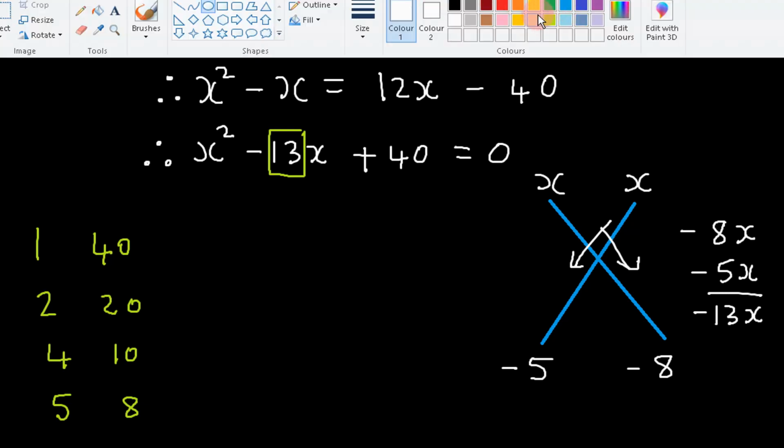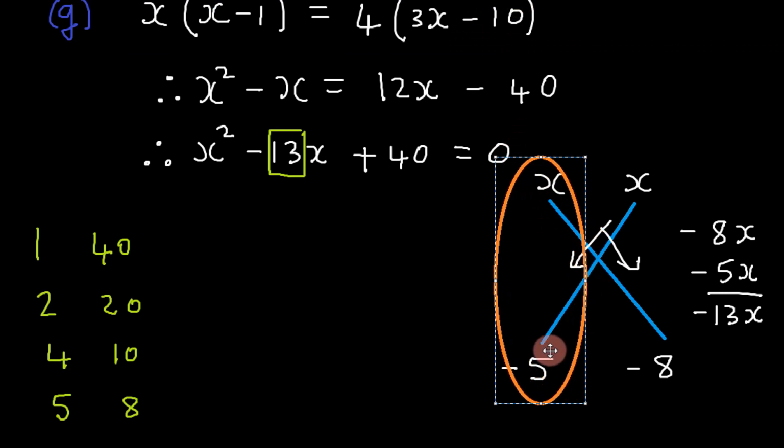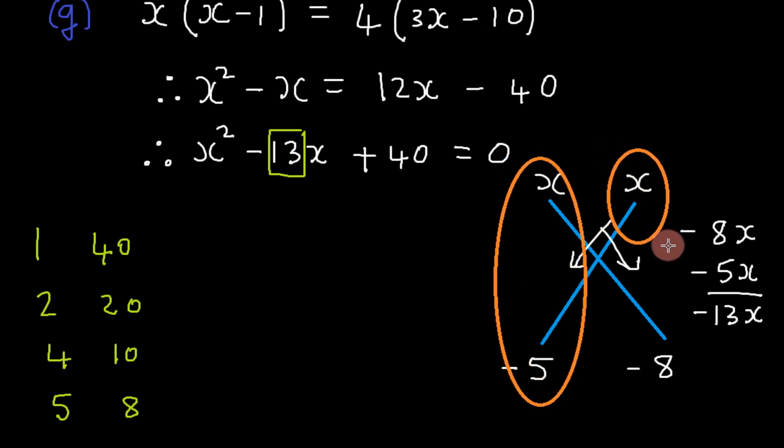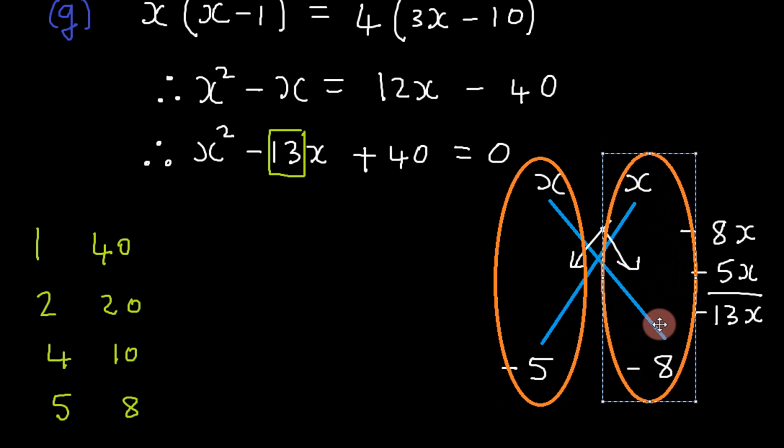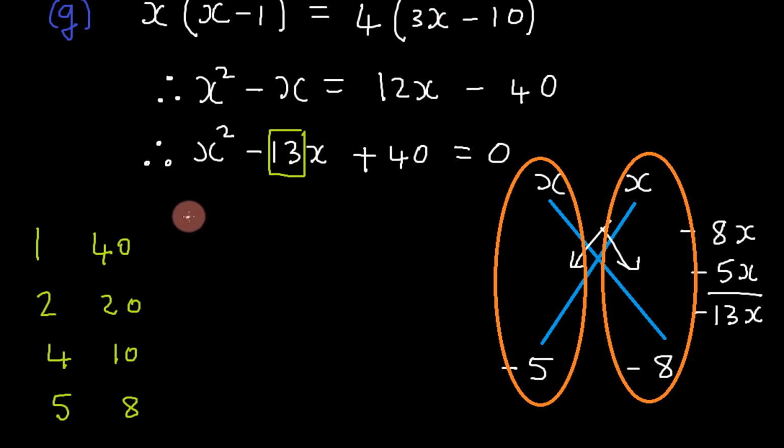Then grouping vertically, so x minus 5 in one set of brackets, and x minus 8 in the second set of brackets.